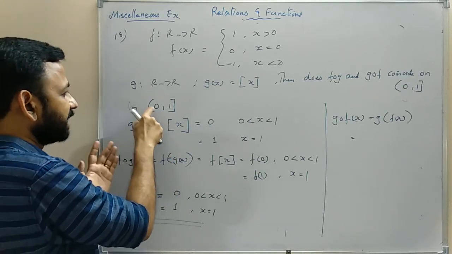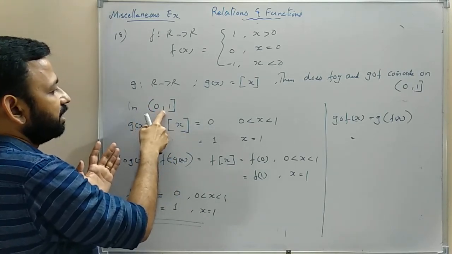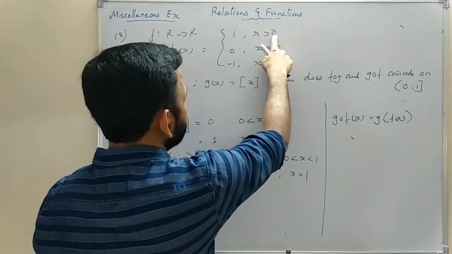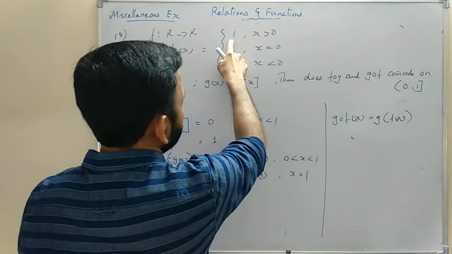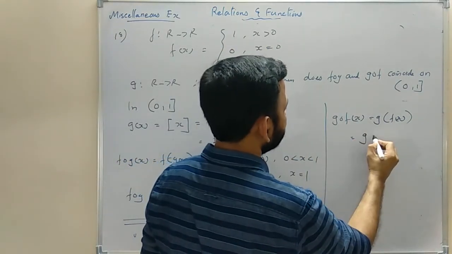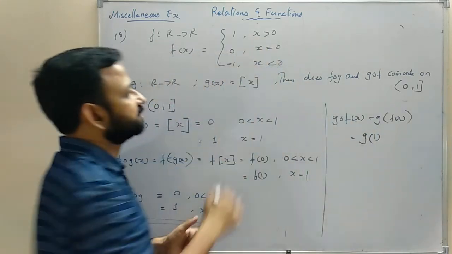That means x is greater than 0 and less than or equal to 1. So f of x will be 1, so g of f of x will be 1.